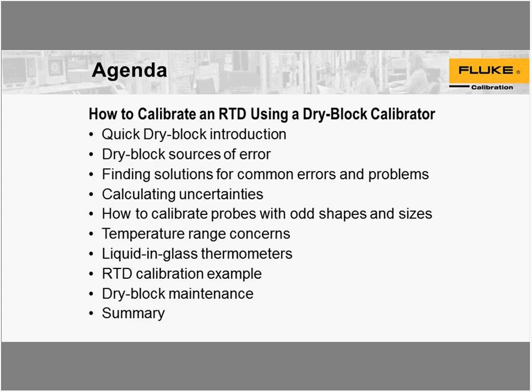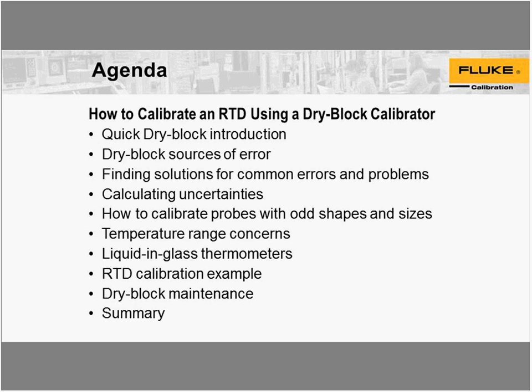All right. So we're going to do a quick overview of calibrating an RTD using a dryblock calibrator. Go through a quick dryblock introduction, review some of the more common sources of error and problems that you may run into. I do have a slide on calculating uncertainties.